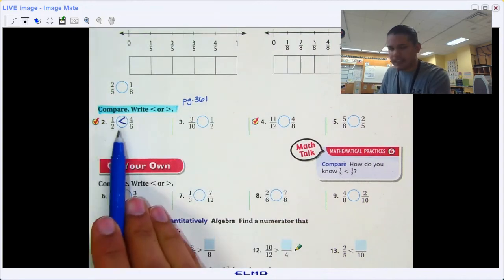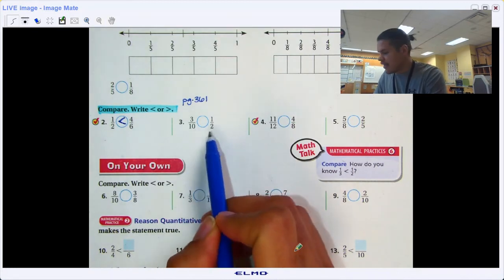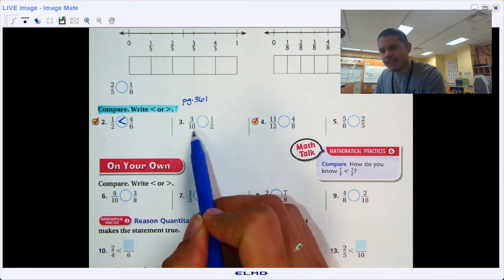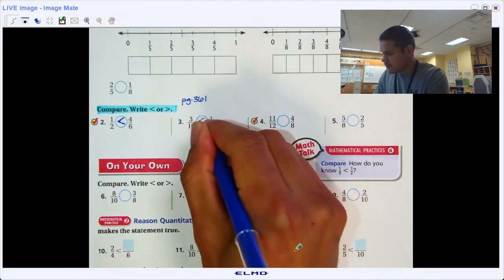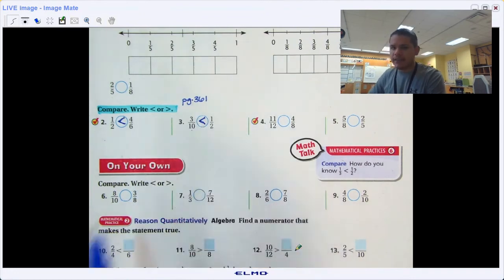Or 1/2 is less than 4/6. Another thing, 3/10, and compare that to a benchmark fraction 1/2. Well, I know that half of 10 is 5. So 1/2 is greater than 3/10. Okay? Or in other words, 3/10 is less than 1/2.